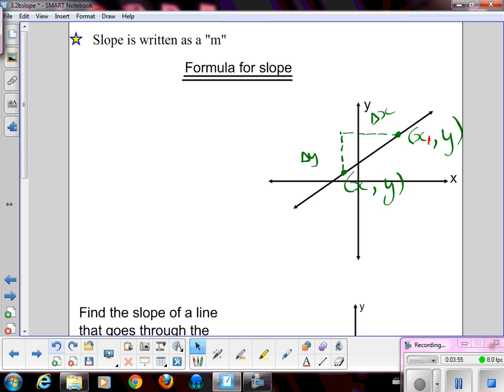So I have an x1 and a y1. So that point has a coordinate of an x and a y. And if I look down at my second point, it also has a coordinate of an x and y, but it's my second point, so I'm going to call it x2 and subscript y2.